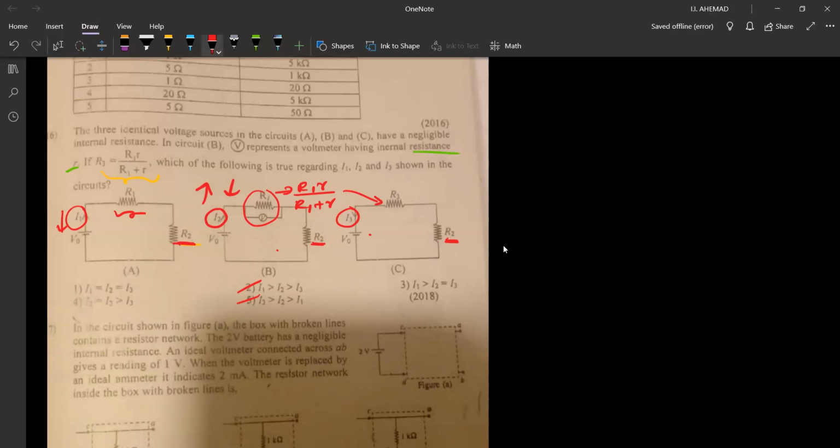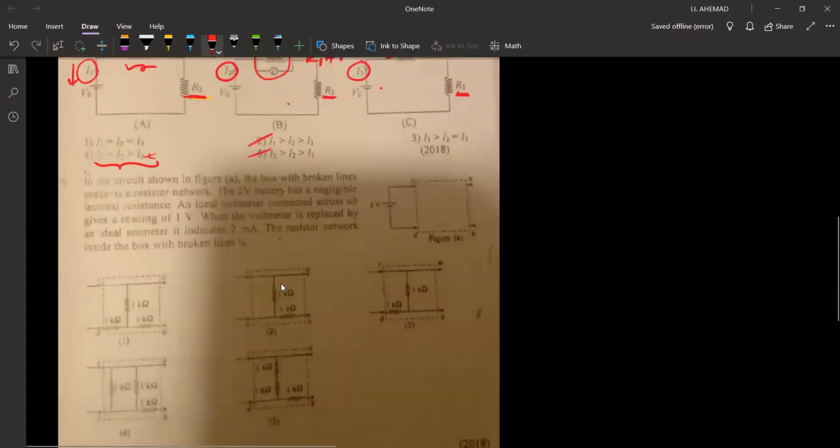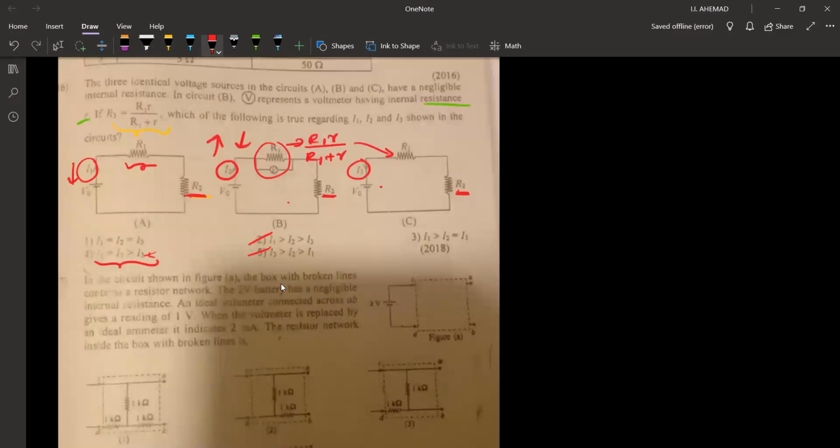I think there's a printing mistake. Here, this one should be I1. Does anyone have the past paper to check? Check the 2018 past paper. Shaham, what is the given answer?